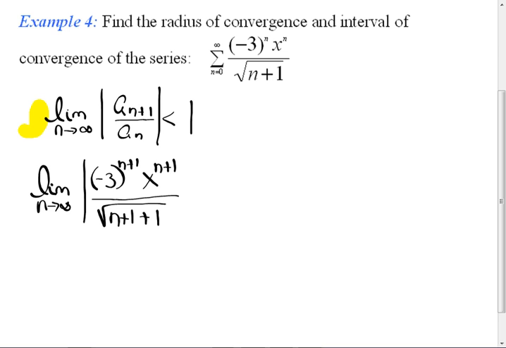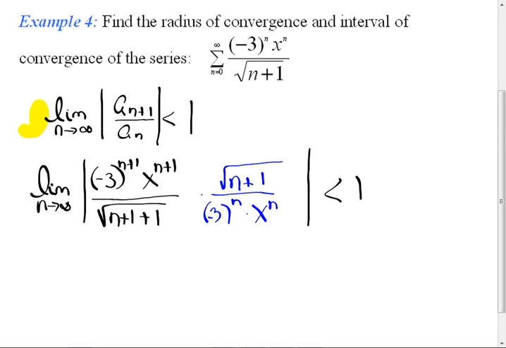Okay, times, and then what am I going to put here? Square root of n plus 1 over negative 3 to the n, x to the n. Usually this is everybody's favorite thing because they like doing the algebra, especially when it gets to canceling things out.